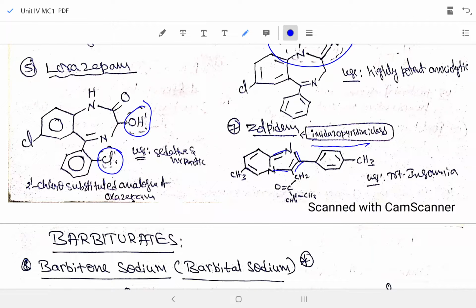Imidazole is this one, right? And this is the pyridine. So this ring is the imidazopyridine ring. So you should remember that the zolpidem structure is somewhat different from the earlier examples of benzodiazepines, because it has an imidazopyridine ring, and it is further attached to a phenyl ring that is substituted with a methyl group.